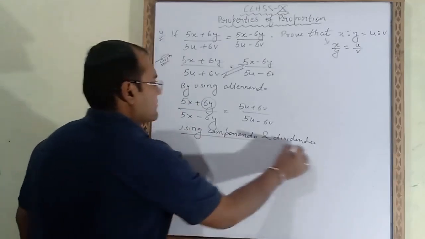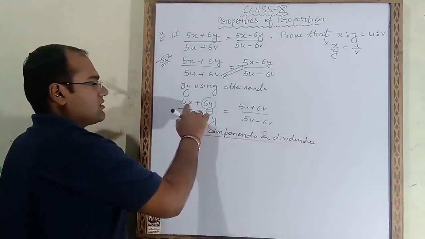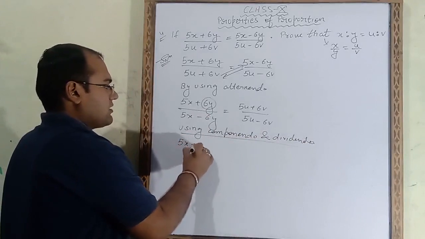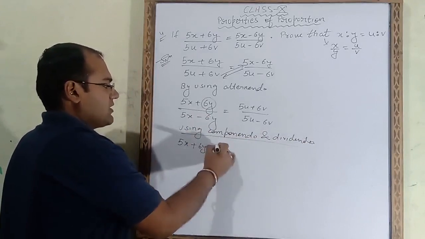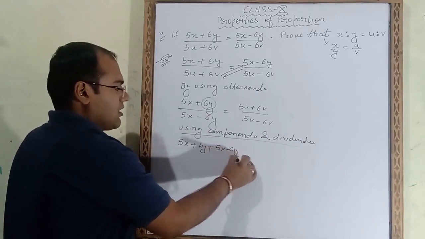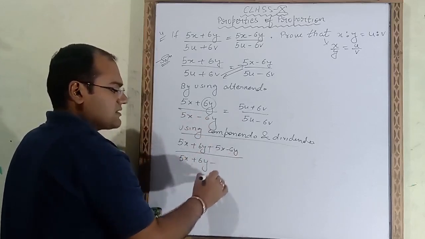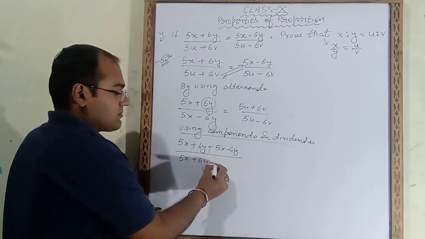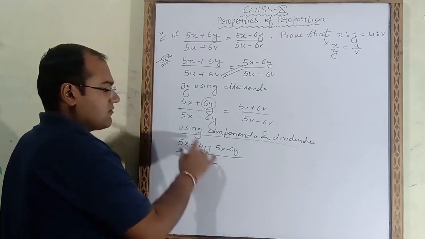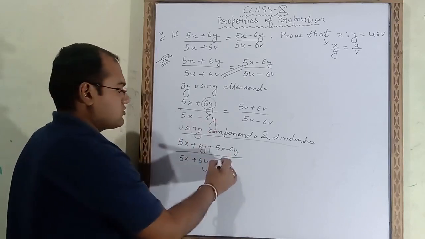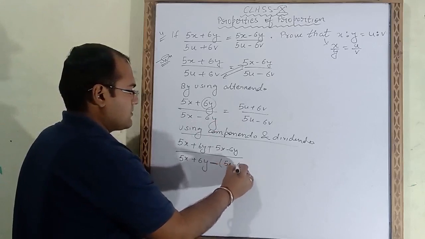We will get, by using componendo and dividendo, numerator plus denominator upon numerator minus denominator. With this minus, we have to change the sign of these two denominators, so you have to write in bracket.